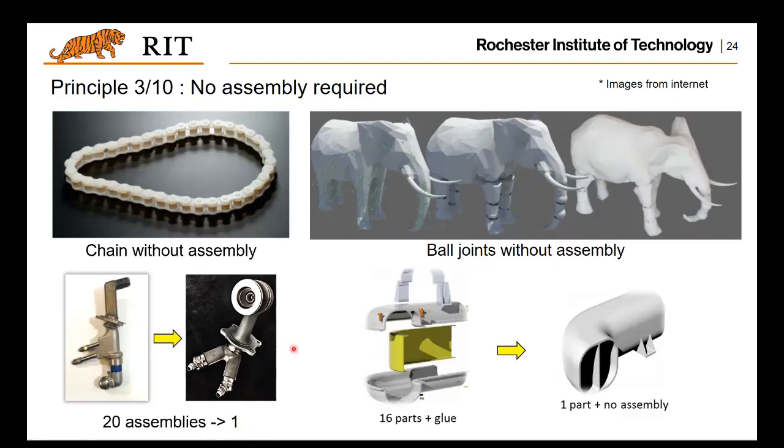That reduces the difficulty of assembly, and it will make the mechanical properties better. And it could reduce the weight as well. Another example shown here originally requires 16 parts plus glue to put them together. Now using 3D printing, there's only one part and no assembly at all. So you can see the benefit for assembly using 3D printing.